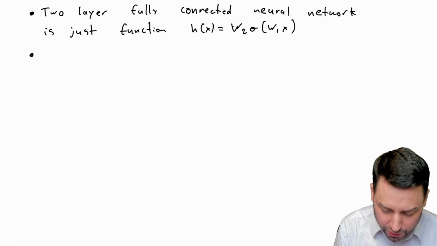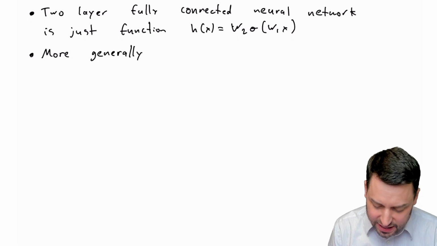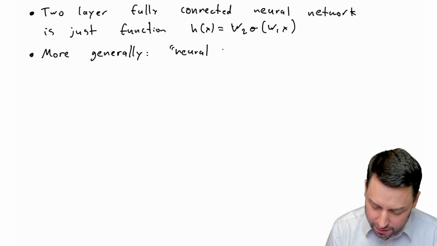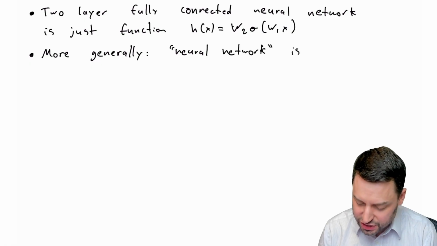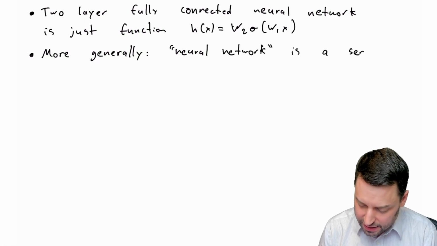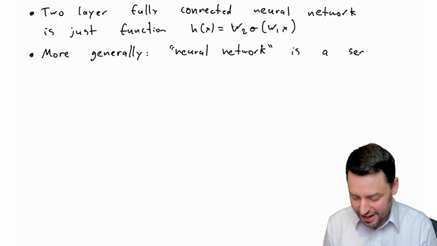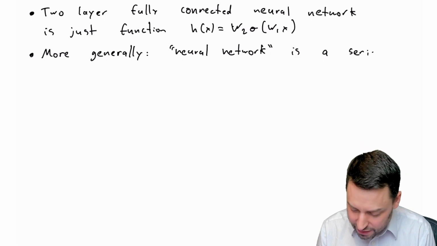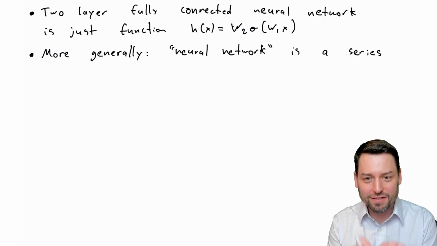So more generally, what a neural network really means these days, I'm going to put "neural network" in quotes here, is just a series. I shouldn't say a series because they can also have multiple different loops and stuff. But a series, I'll still use the word, it doesn't have to be one after the other.